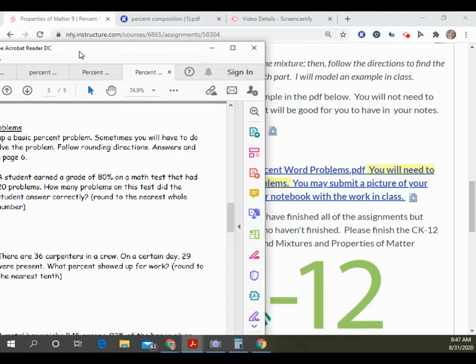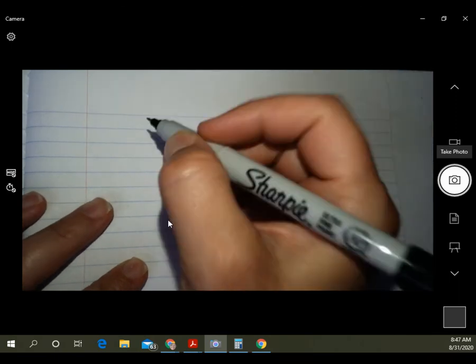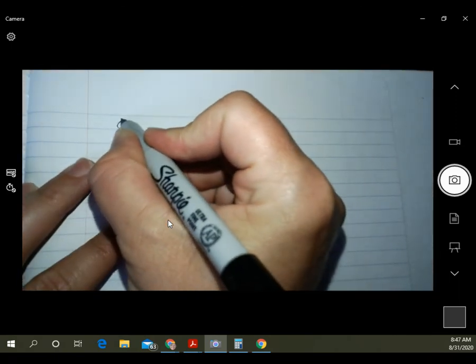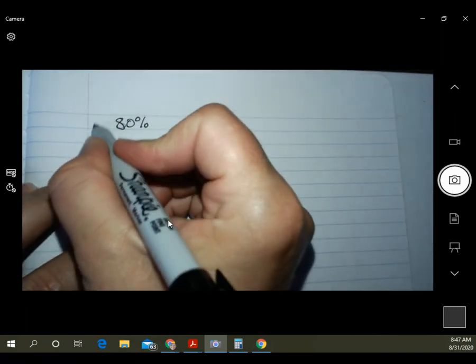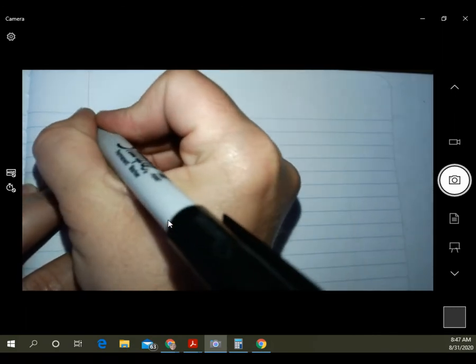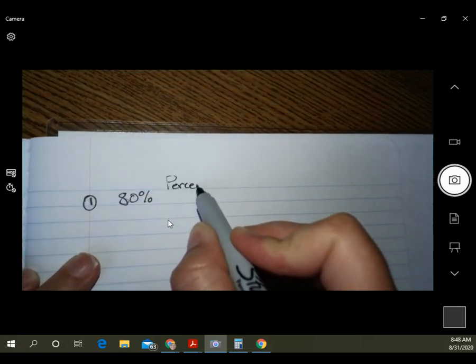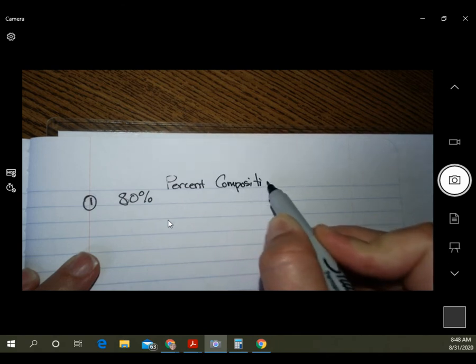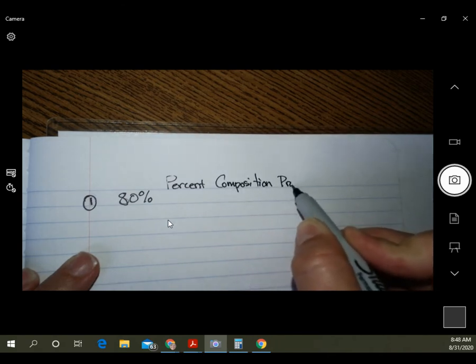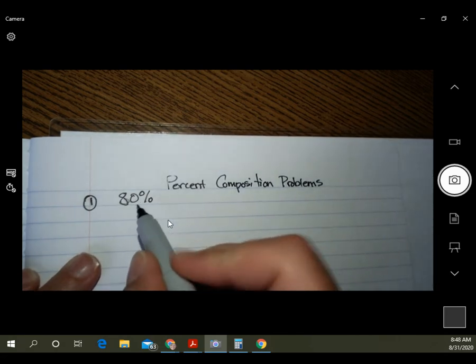Well, so a student earned a grade of 80%. We're going to do 80%. This is number 1. What's the normal percent?